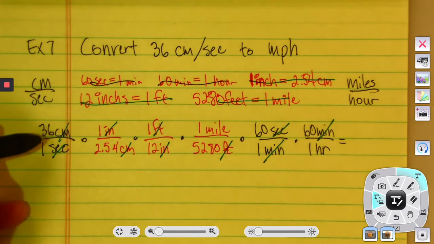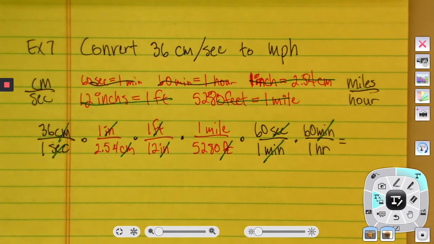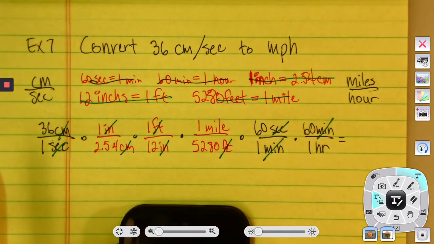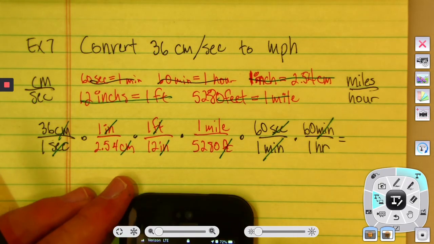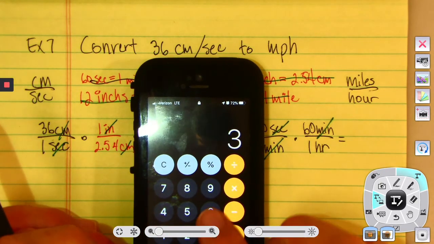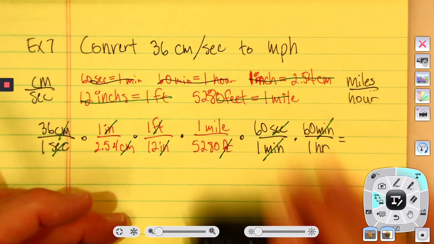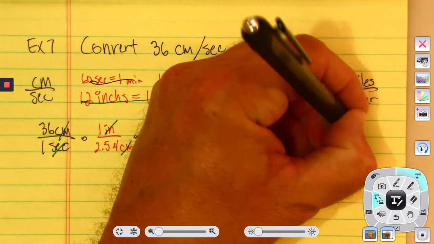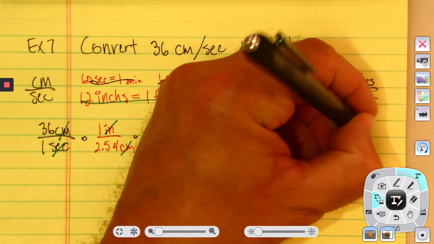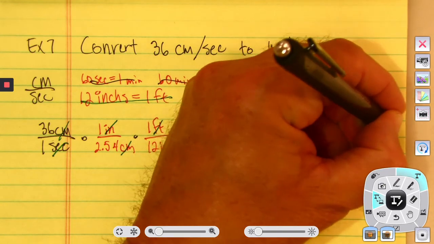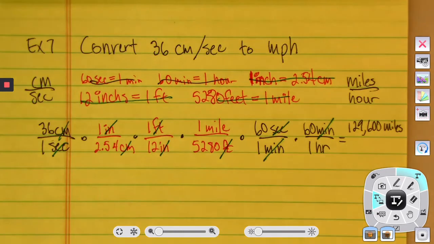So when I multiply across, it's 36 times 60 times 60, which is 129,600 miles. Over now, looking at what I have left here, I've got 1 times 2.54, that's just 2.54.